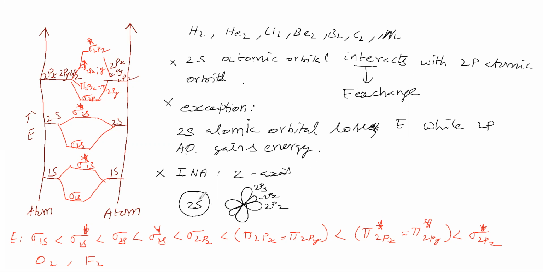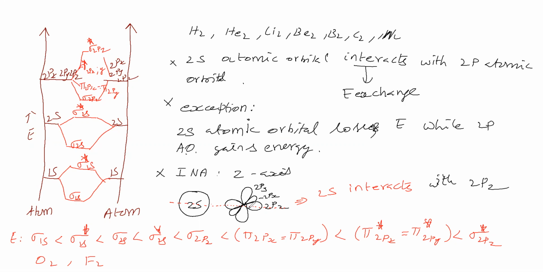Now see, 2s and 2pz are along the internuclear axis. Because the internuclear axis is the z axis, 2s interacts with 2pz, but not with 2py or 2px. 2s can interact at a time with only one 2p orbital, not with all three.